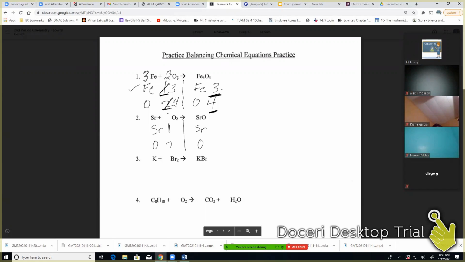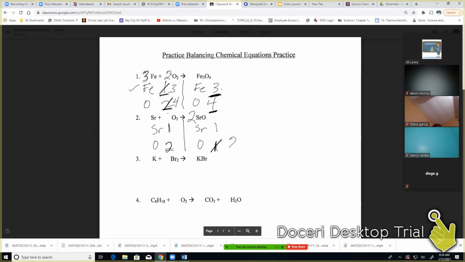1 and 2, 1 and 1, right? So my strontium's already good. My oxygen, I have 2 over here and only 1 on my product side. So what do I need to multiply that 1 by to get to 2? 2. So I got to put that 2 in front of that compound.